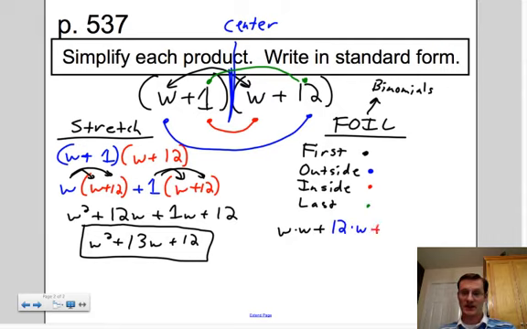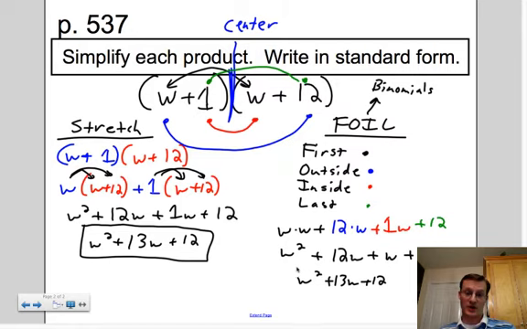The inside, 1 times w, and the last 1 times 12. And so you can go ahead and combine these. This is w squared plus 12w plus 1w plus 12. And so that is w squared plus 13w plus 12.